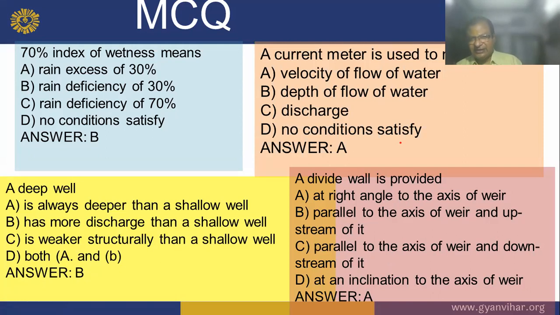Correct answer is A. And a deep well is always deeper than a shallow well, and has more discharge than a shallow well. Correct answer is B. And in the last, a divide wall is provided... Correct answer is A, at the right angle to the axis of the weir.